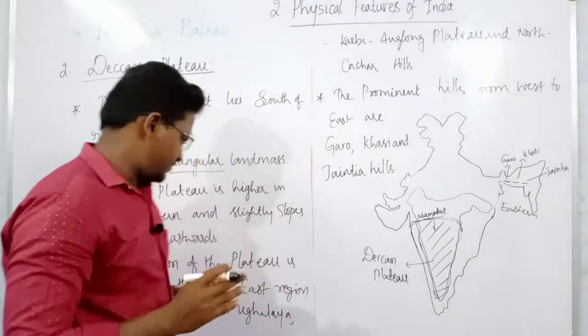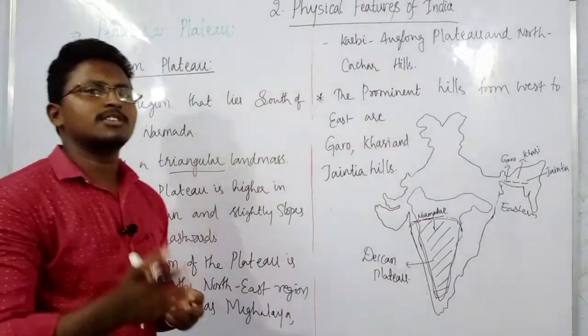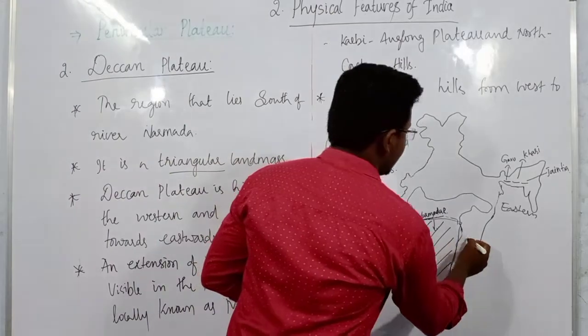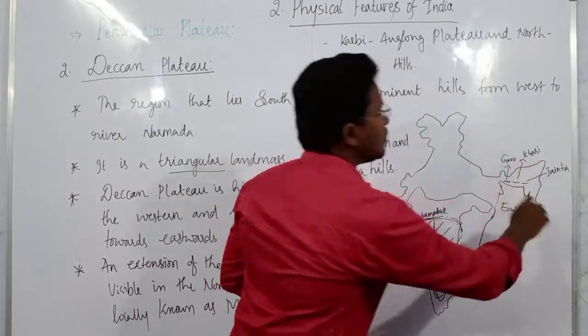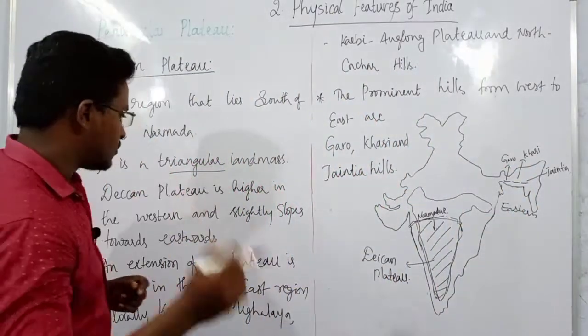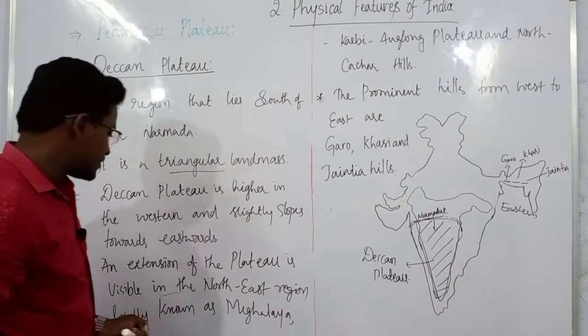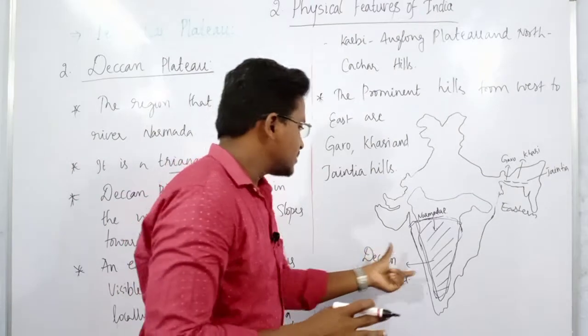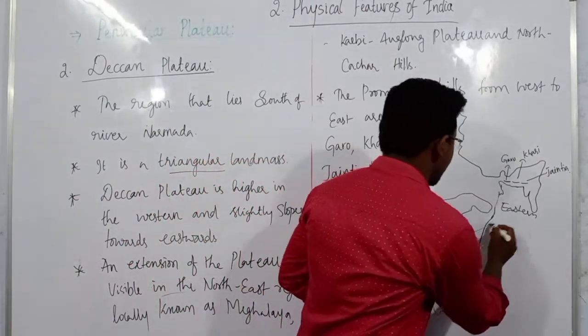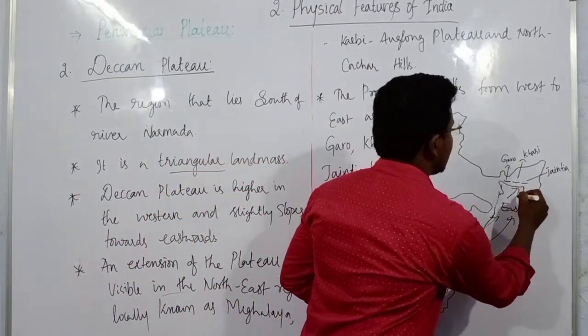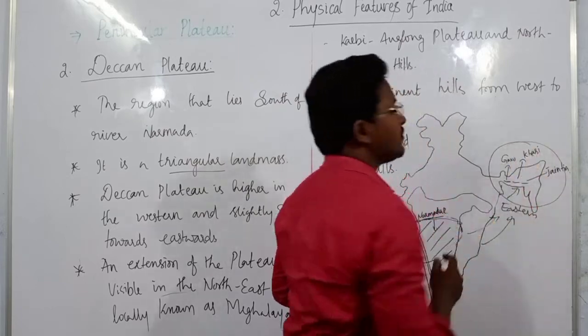And this plateau is also extended towards the northeastern part of India. That is what they mention here. The extension of the plateau is also visible in the northeastern region, towards the northeastern region of this country.